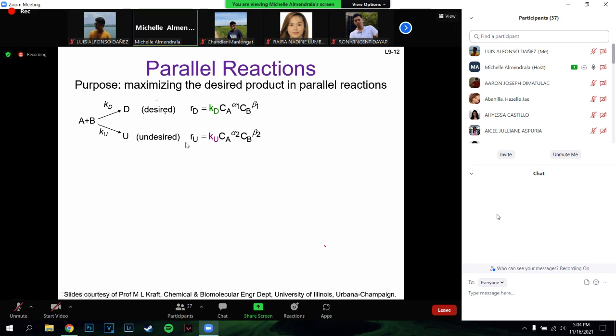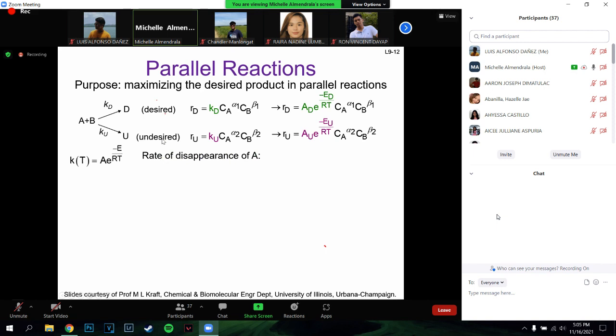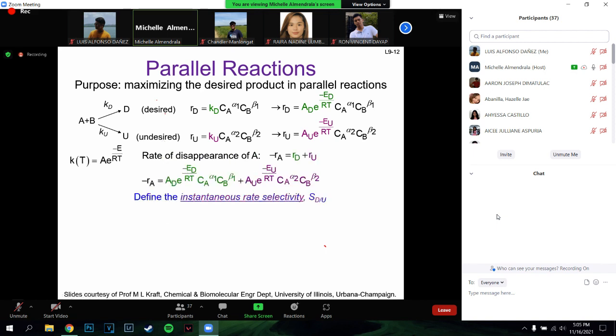So for the undesired one, this is your reactant concentrations CA and CB again for the second reaction. All right, so again, the k is a function of temperature, and therefore rA represents the total rate, the net rate.